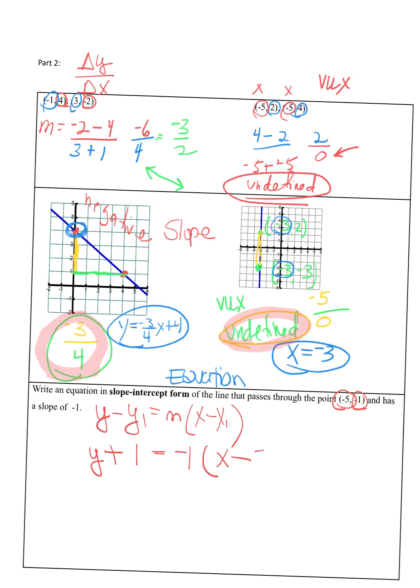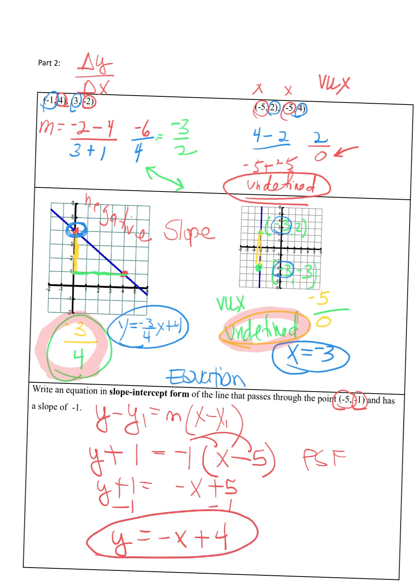Remember, those minus and negatives turn into a plus. This is point slope form. And now we need to change this into slope-intercept form. Same 2 steps as always. We're going to do the distributive property. And then we see that plus 1, we're going to subtract 1. And there's our line in slope-intercept form.